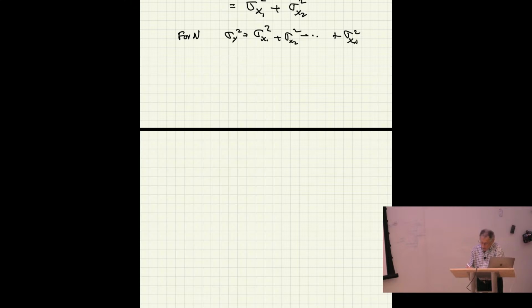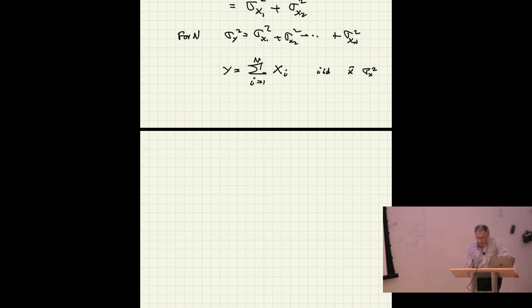Again, I'm going to remind you that y is the summation of i equals 1 to n of xi. That's what we defined it to be. But now, these are IIDs, identically distributed independent random variables, the x's, with a mean x bar and a variance sigma sub x squared.